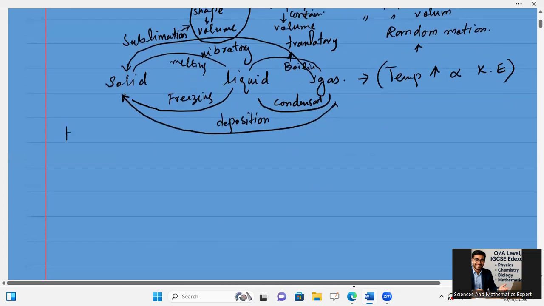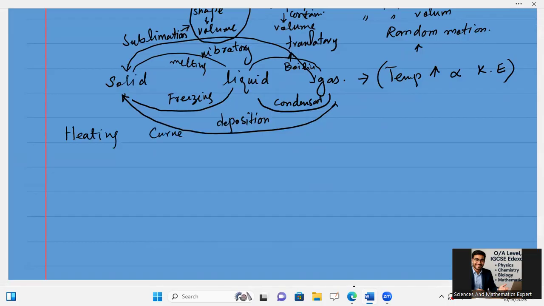When you are heating or cooling for the conversion of these processes, you have two main curves, the first named the heating curve. To draw the heating curve, take the x-axis and y-axis: how the change of state happens with respect to time as temperature increases. Taking temperature and time, suppose my original solid is at minus 50 degrees centigrade.